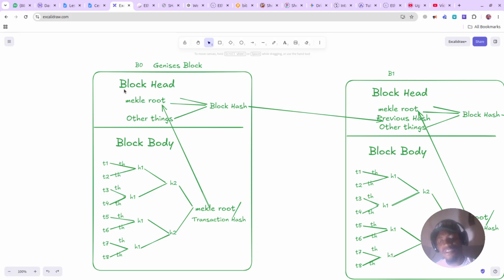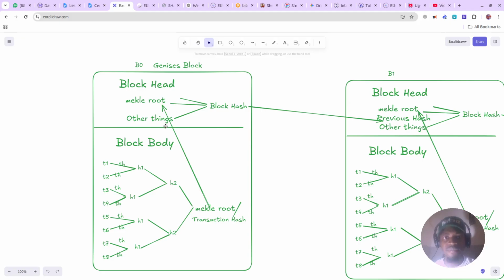Now, when I mean blockchain, I'm talking about Ethereum, because Ethereum is the blockchain that we are going to be working with throughout this course. In Ethereum, the first block that ever existed was known as the Genesis block, and the index is B0.